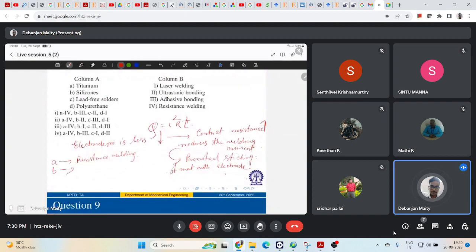For silicons, normally we use adhesives. For the solders, which are lead free, you can use ultrasonic. For the other one, you can use laser.